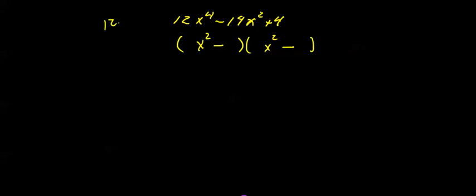So we have 12 and 1, 6 and 2, 4 and 3, 4 and 1, and 2 and 2. Pretty basic. I'm going to try 4 and 3, 4x squared and 3x squared. And I'm going to try 4 and 1. I can't put the 4 here because then I'd have a common factor, and there is no common factor. But I can put the 4 here and the 1 here.